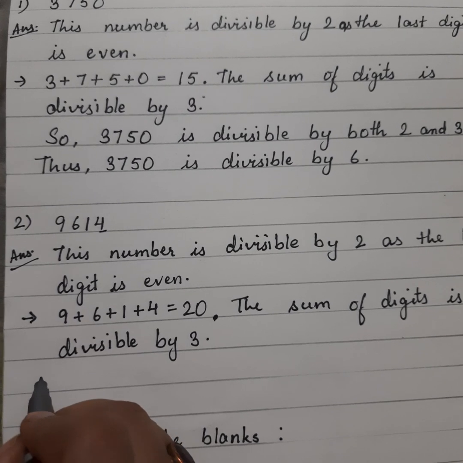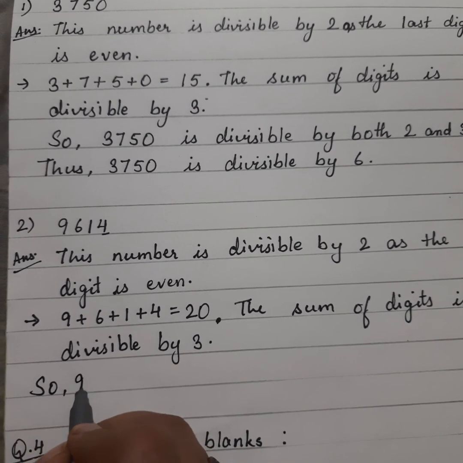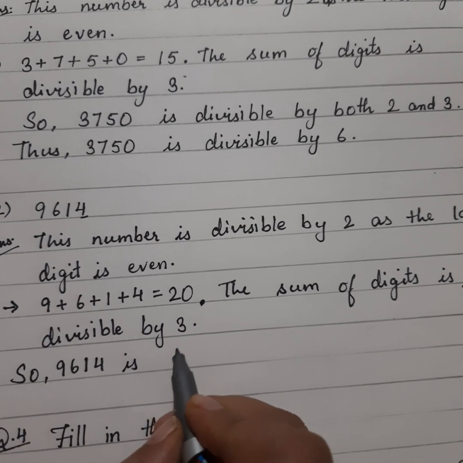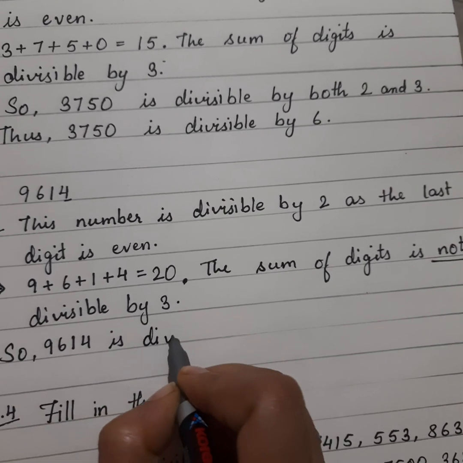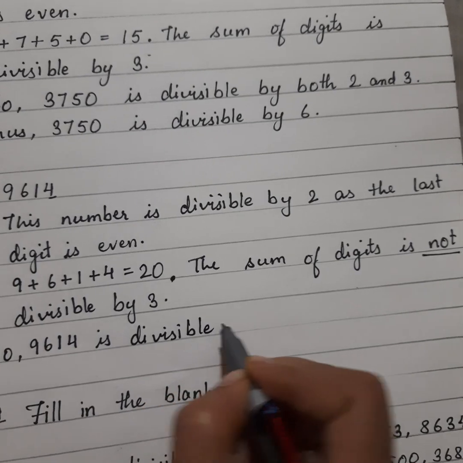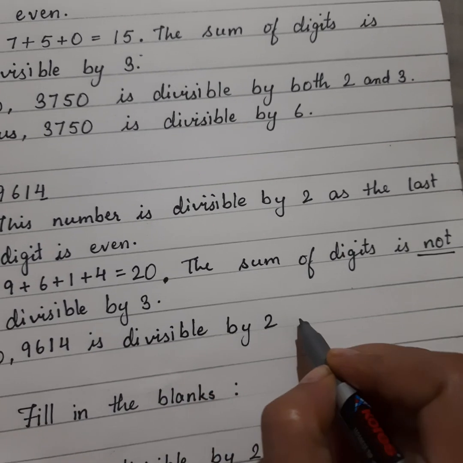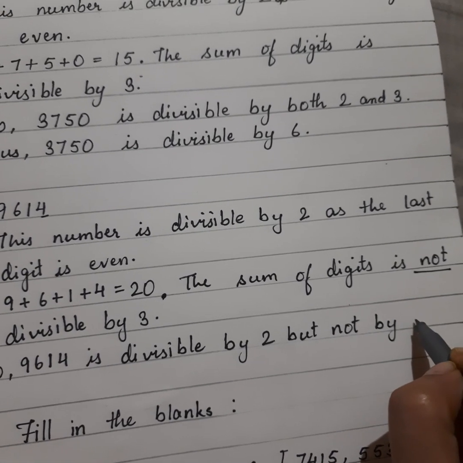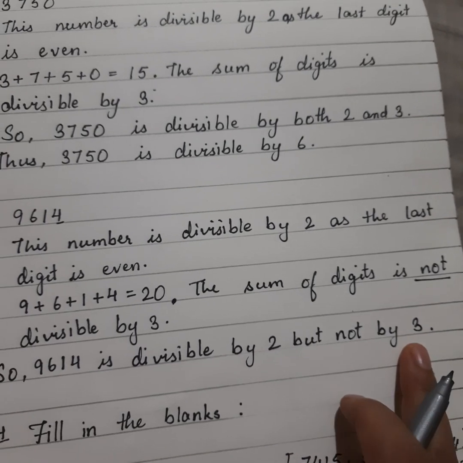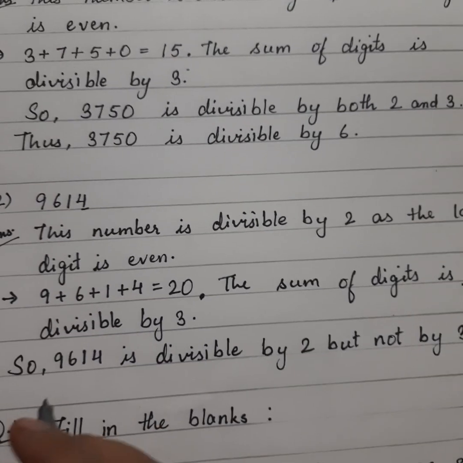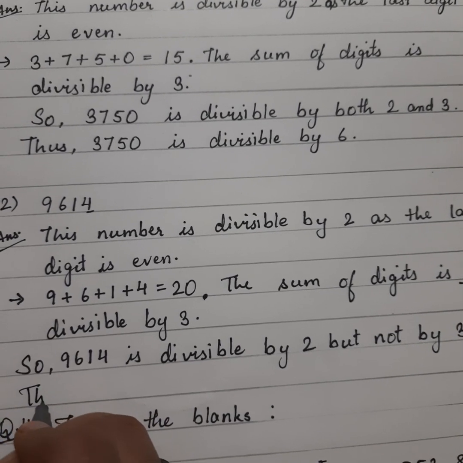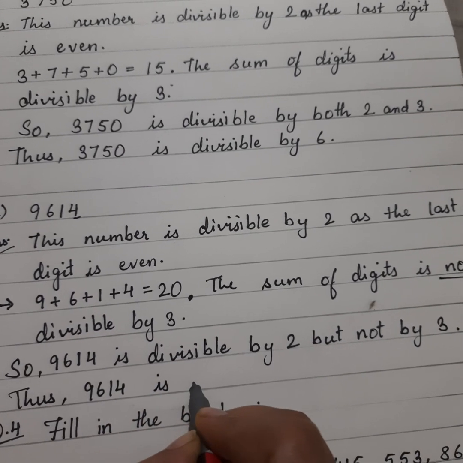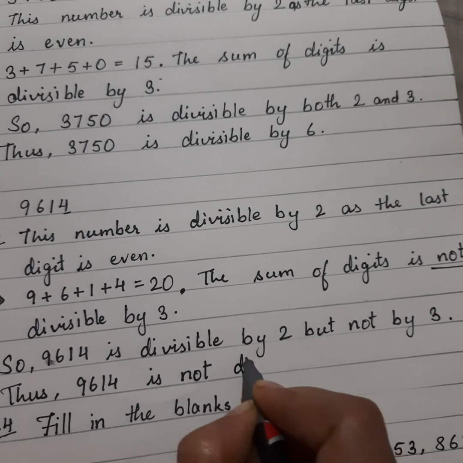So you will mention here 9614 is divisible by 2 but not by 3. Thus 9614 is not divisible by 6.